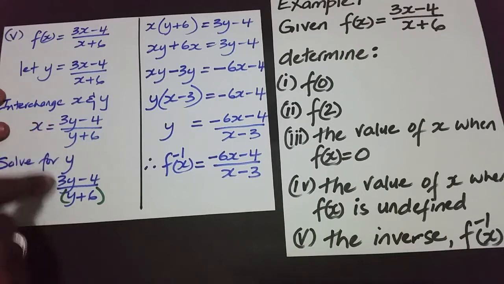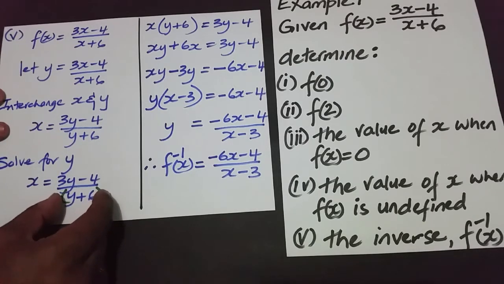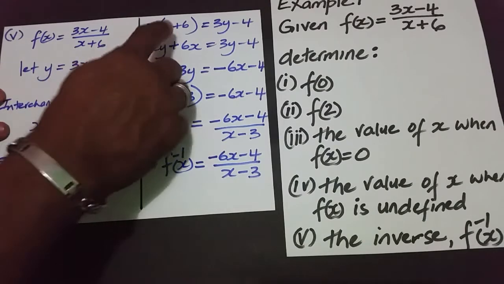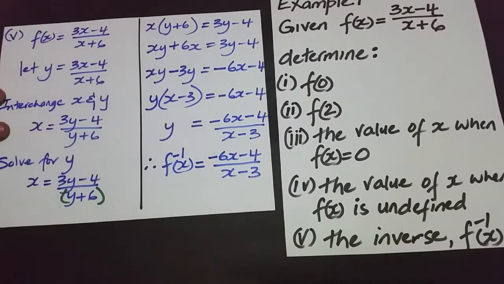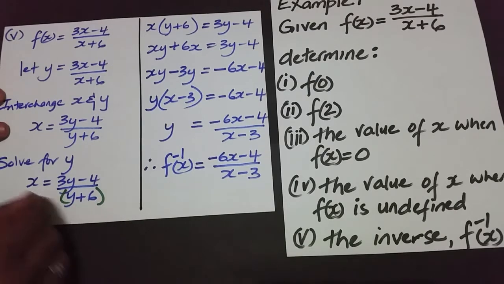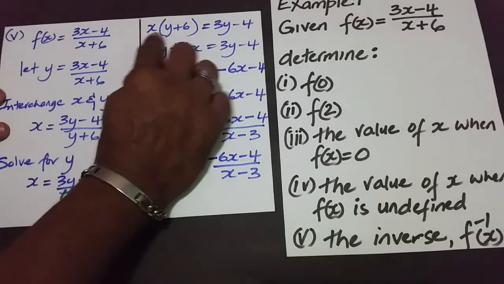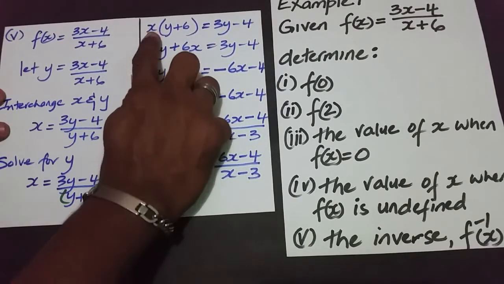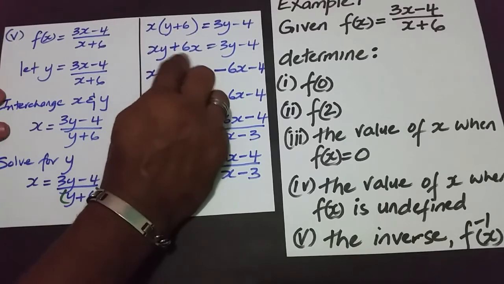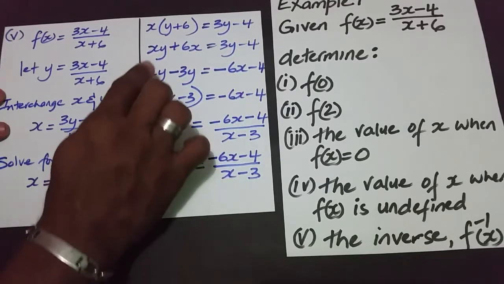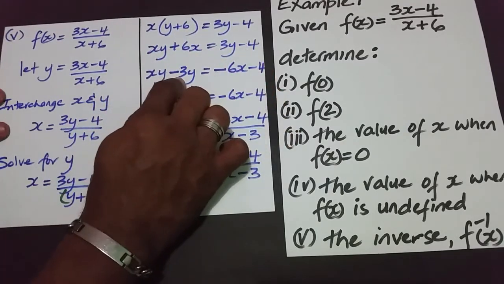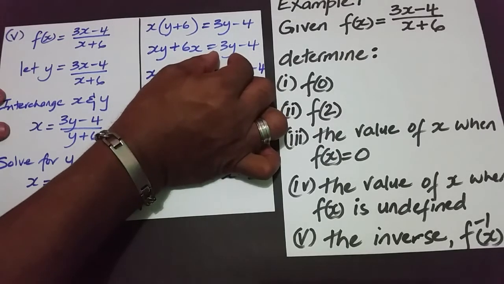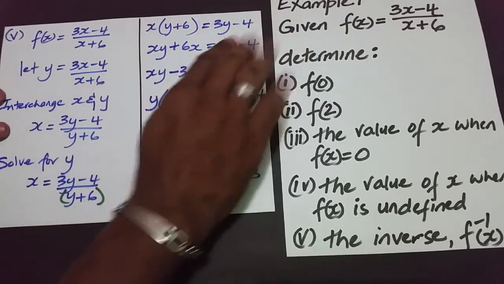The first thing is you write this back and put the denominator in brackets. It must be in brackets, because if you cross multiply without the brackets, then you're only going to be multiplying the y by the x. So we have to have it in brackets. Cross multiply, we have this, and of course the right hand side, and then we do expansion here. x times y is xy, x times positive 6 is 6x. And then all we do from this line to get to that one is carry all the terms with y on one side and everybody else on the other side.